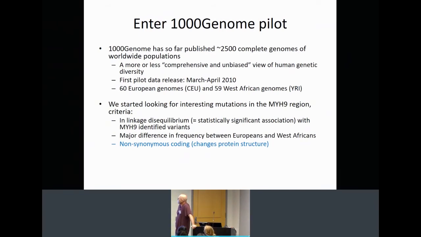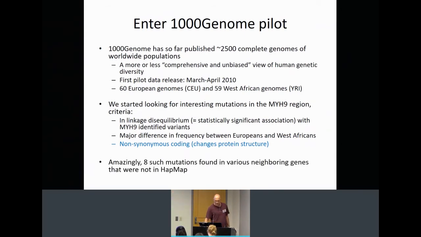Okay, so we said let's focus on the most smoking gun that we can find, which is non-synonymous coding mutations that are in genes close to MYH9 and that have major differences in allele frequency between Europeans and Africans. Basically, they have to be relatively common in Africans and missing completely or almost missing completely in Europeans.